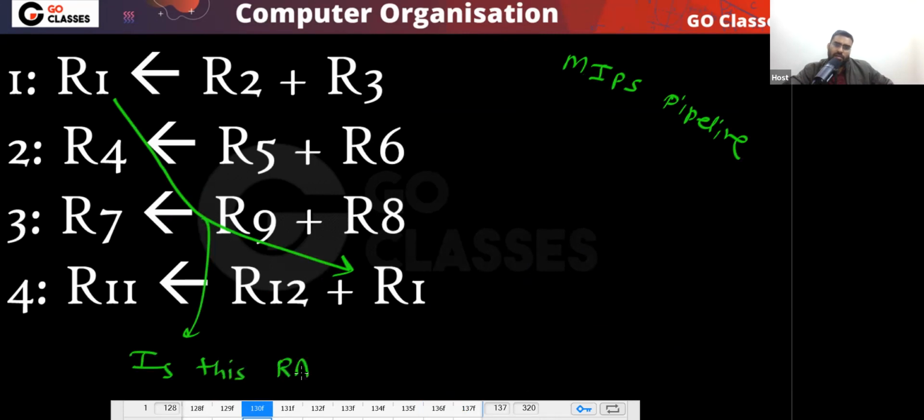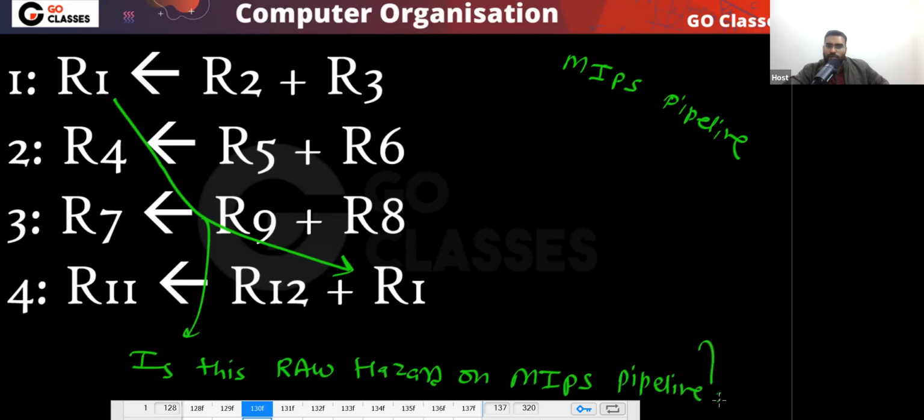Is this a RAW hazard on the MIPS pipeline? Because I have to give you pipeline information. So is this a RAW hazard in the MIPS pipeline?